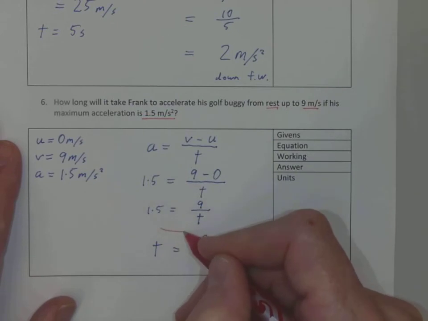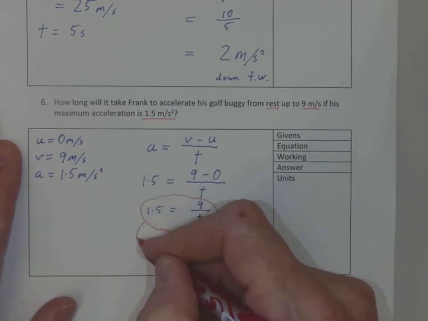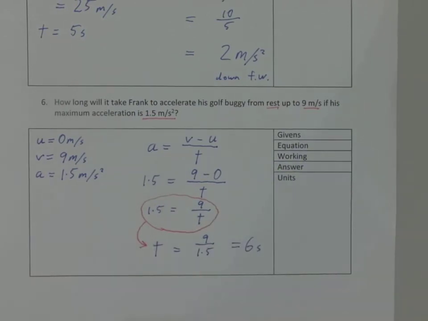Now, when I got to this point, I then just jumped to that point because I've done these questions before. But if you haven't done these questions before, that can be a little bit challenging. If I look at it here, I say 1.5 equals 9 divided by something.